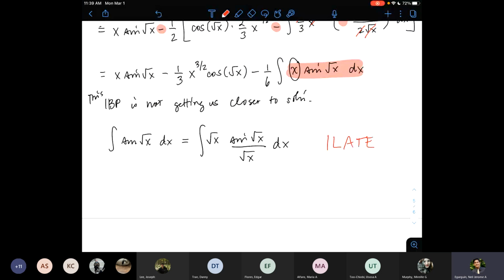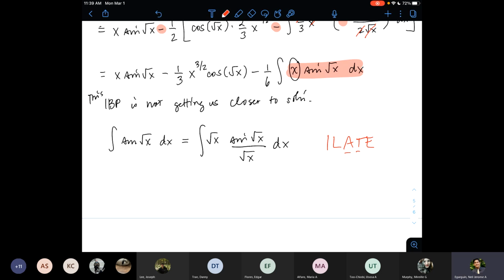Again, the complication is I cannot use, if you go back to isolate. Usually when you have an algebraic and a trigonometric function, the trigonometric function is a nice choice for dv, right? Because we can integrate it over and over again. But you see, when we do that, it doesn't seem to take us closer to the solution.